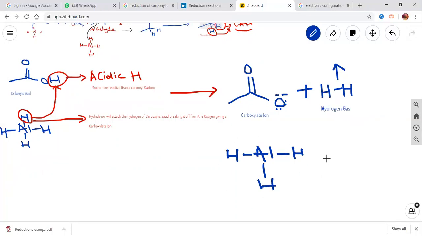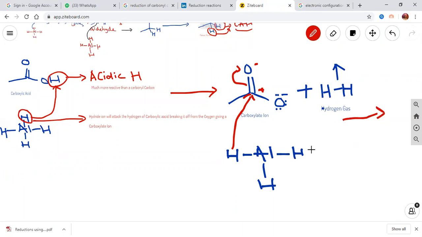Though this molecule is neutral, this hydrogen can still break away from the aluminum and attack this nucleophilic center, because it is positive, and this will go here and it will become negative.